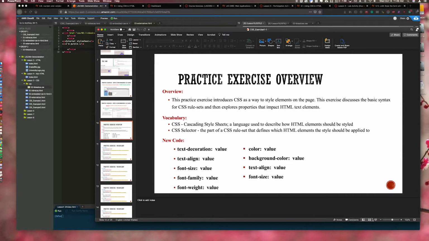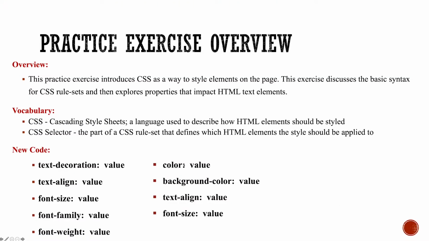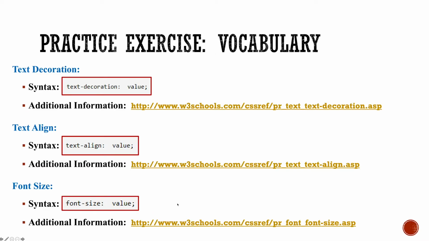For the practice, we will try writing several CSS codes such as text decoration, text align, font size, colors, and background colors. You can always learn the CSS codes through several resources.